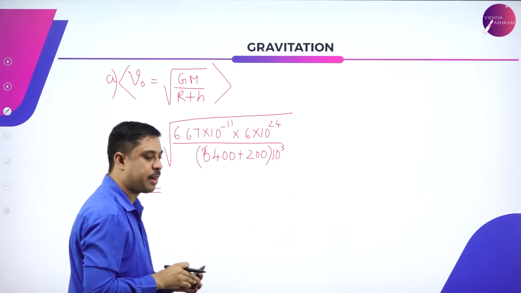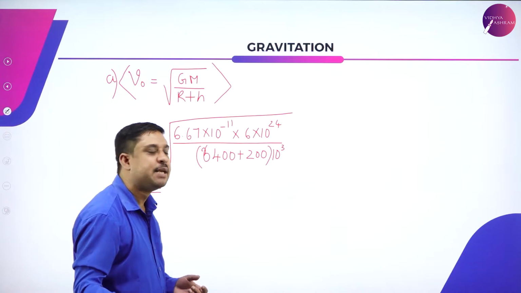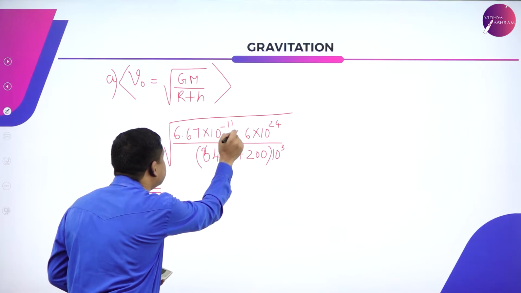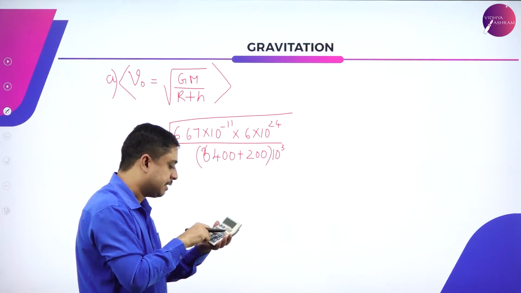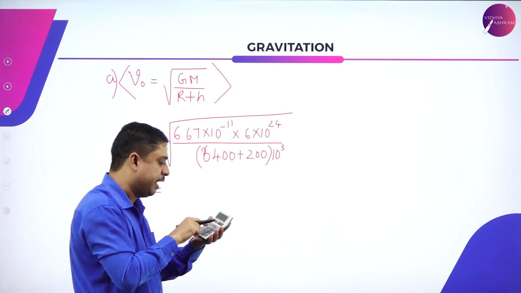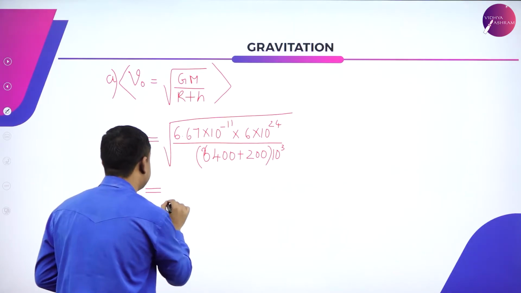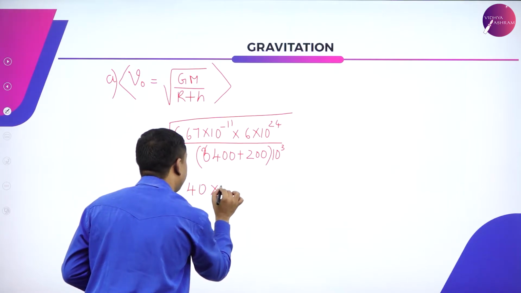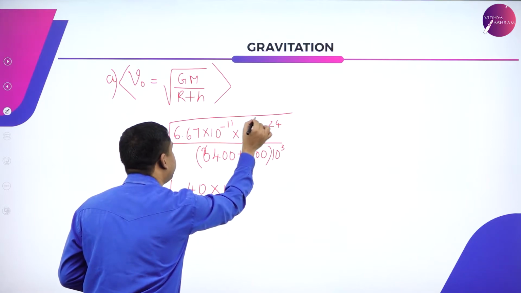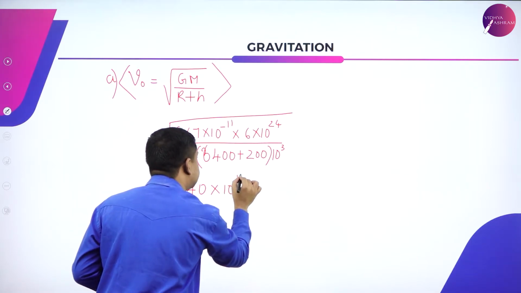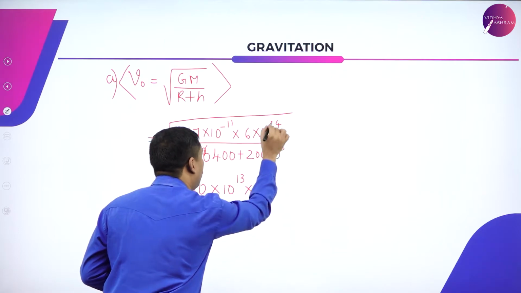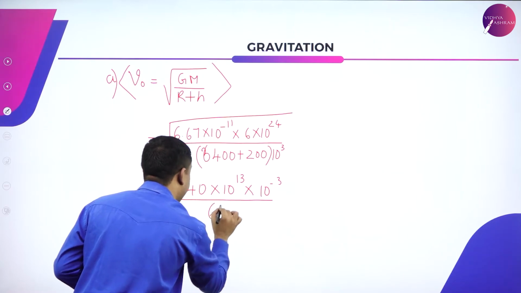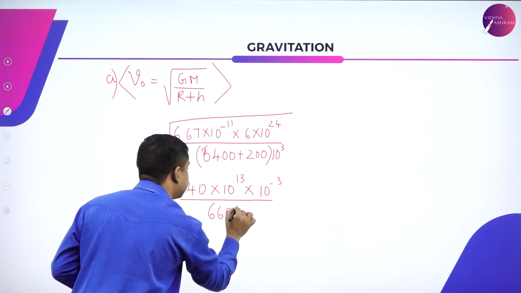Simplifying this, first we will simplify the numerator. 6.67 into 6 is 40, so this is root of 40 into 10 power 24 minus 11, which is 13, into 10 power 13, divided by 6,600.